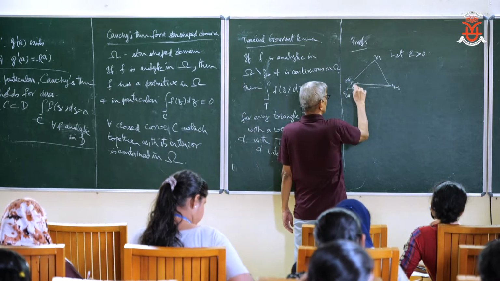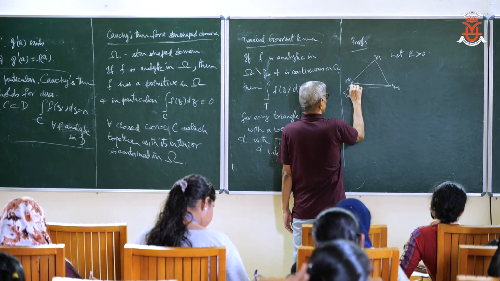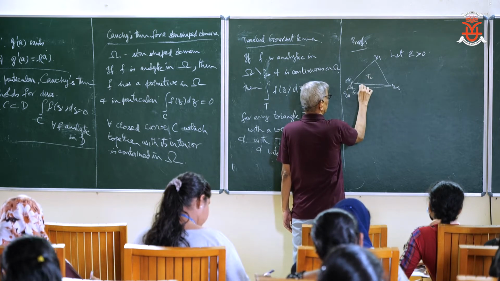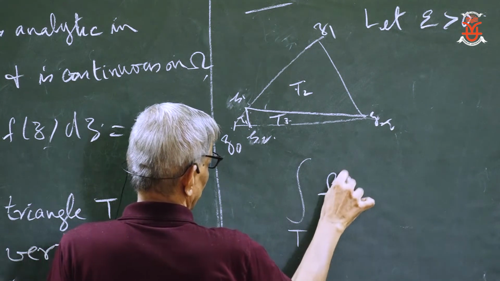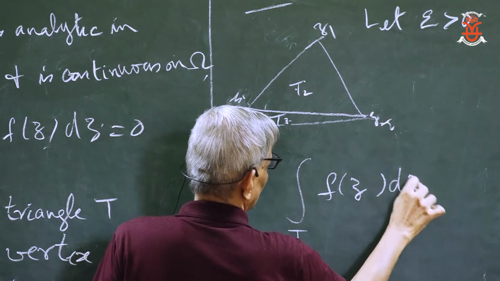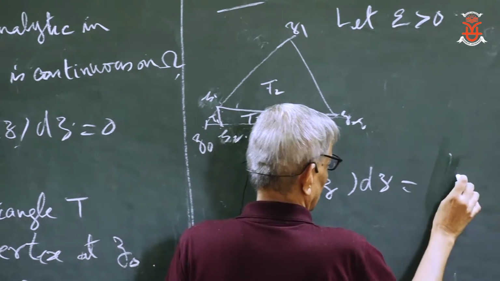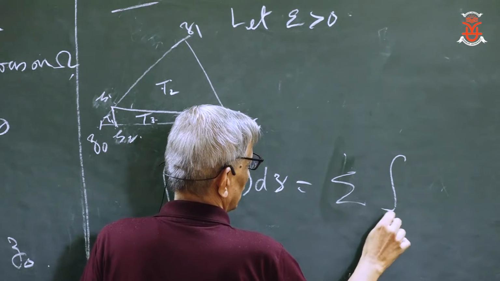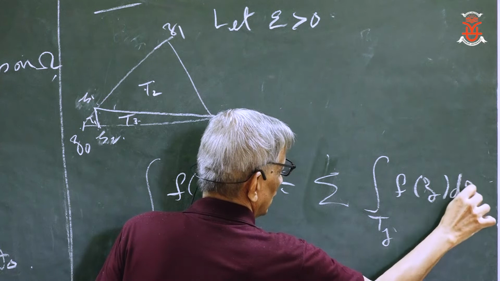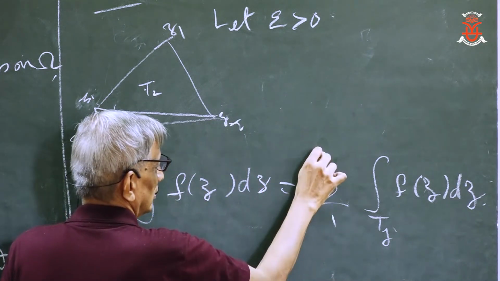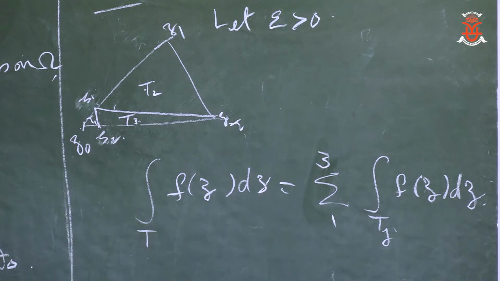So label these triangles if you like. So this is T1, T2, T3. The integral over T of f_z. Right, the integral over T is the sum of the integrals over these divided triangles.